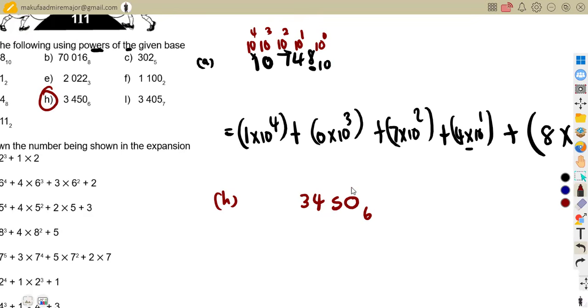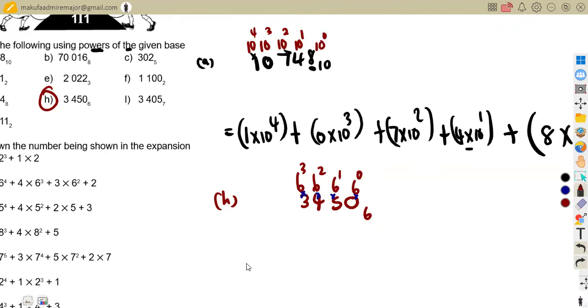So this is going to be 6 to the power of 0, 6 to the power of 1, 6 to the power of 2, 6 to the power of 3, starting from 0.